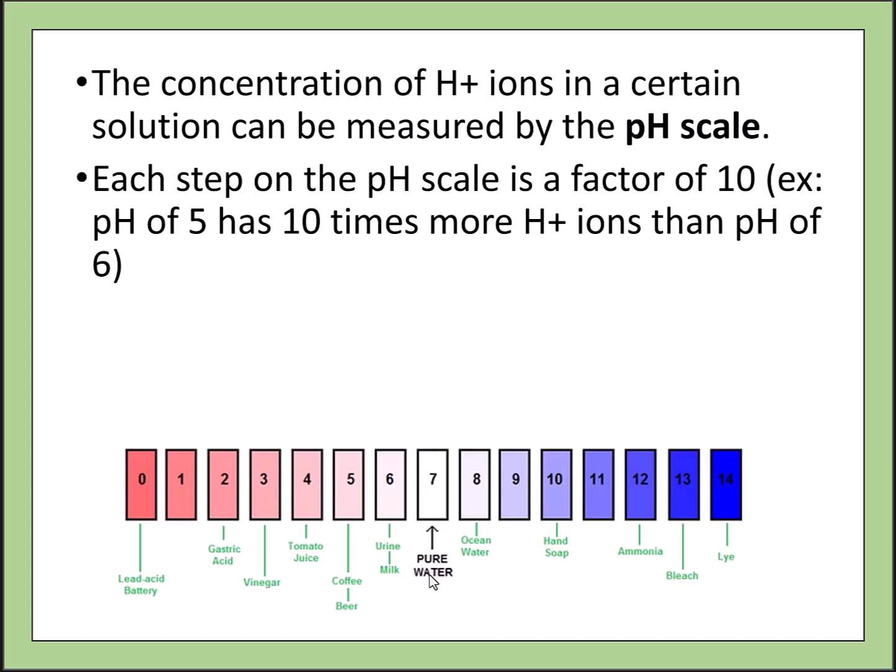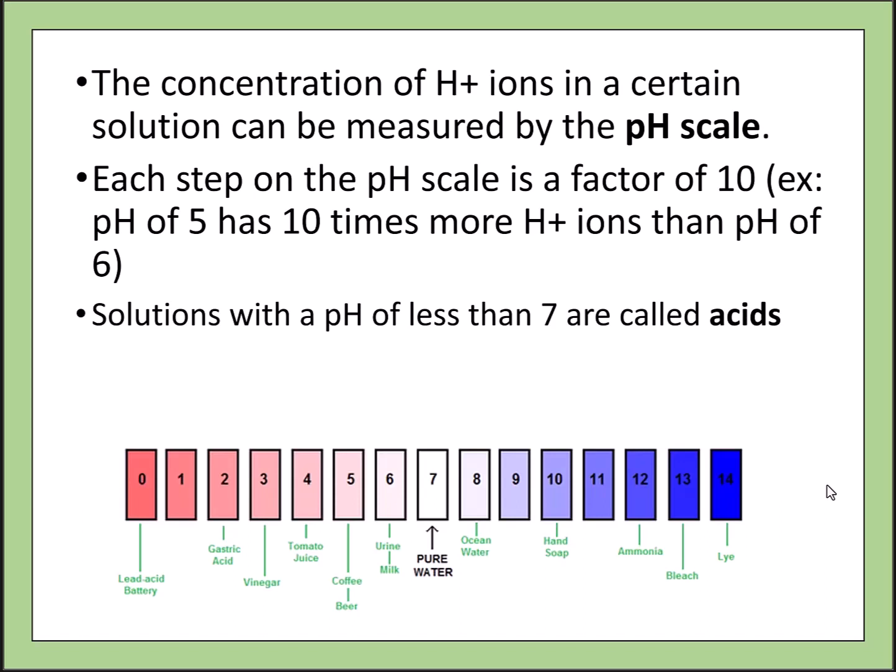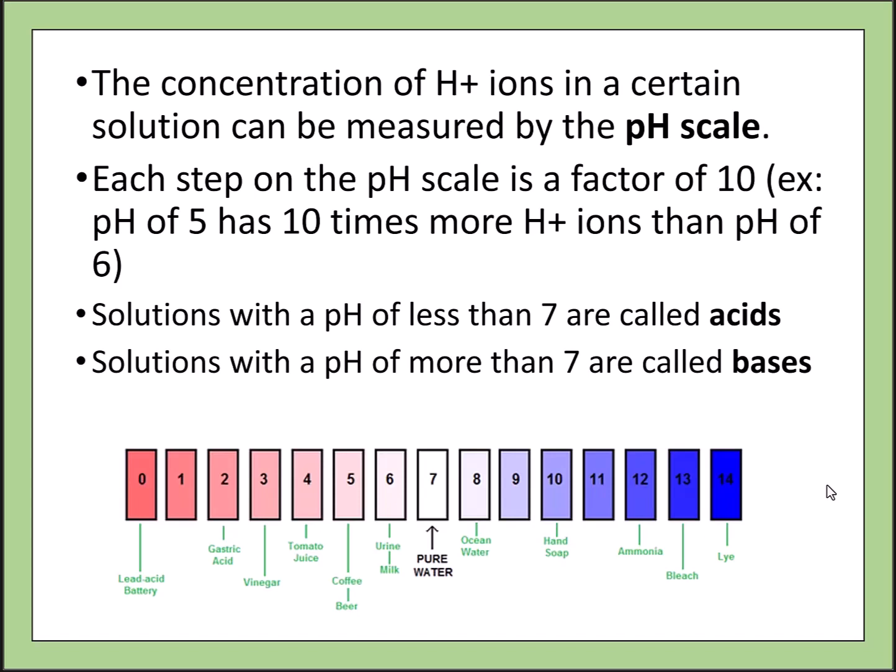Here is the neutral, and then these are getting stronger and stronger bases, meaning that there's going to be less and less of the hydrogen concentration and more of the hydroxide concentration until we get up to the strongest base at pH 14. So solutions with a pH of less than 7 are called acids, and solutions with a pH of more than 7 are called bases. Solutions with a pH of 7 are neutral, and that's going to be pure water.